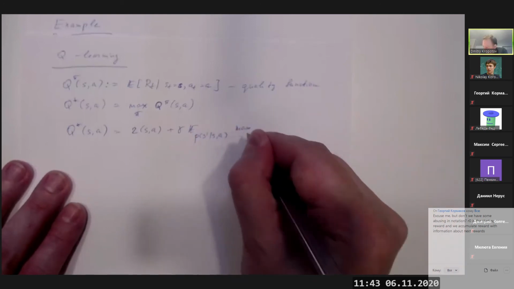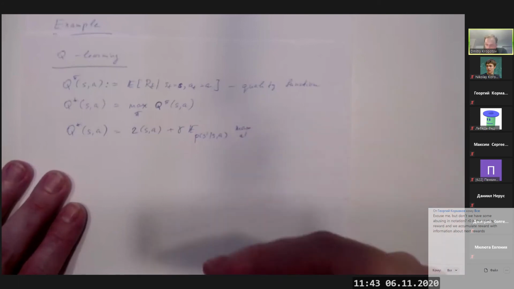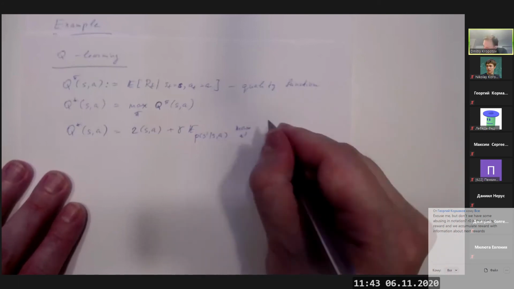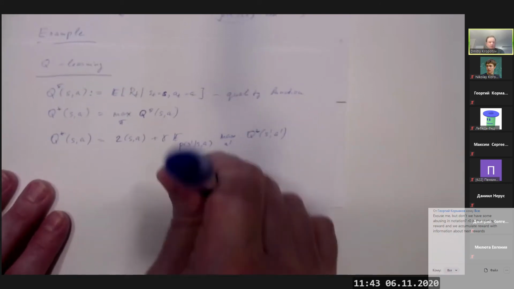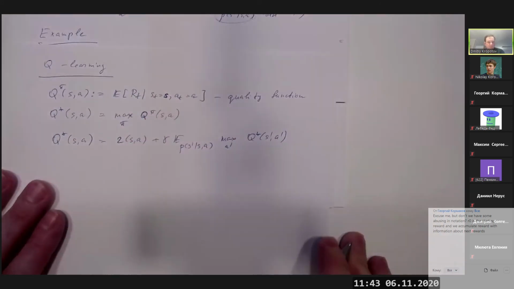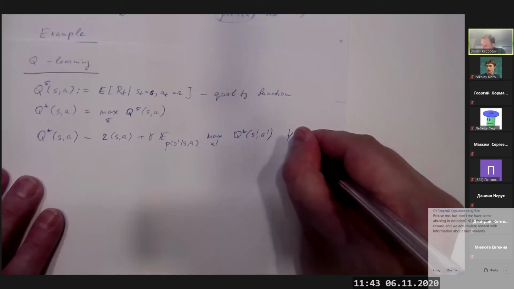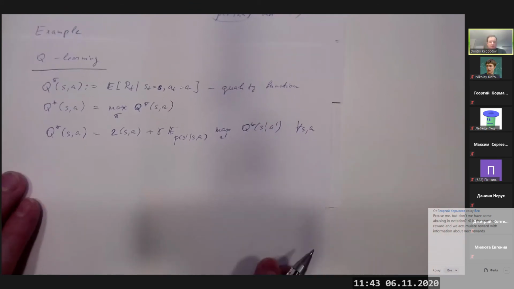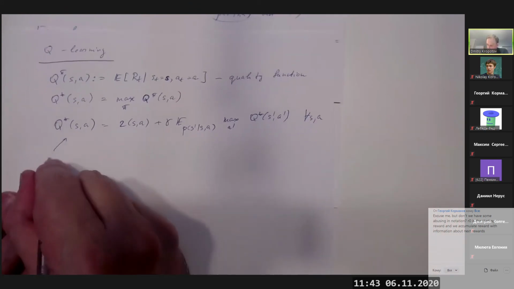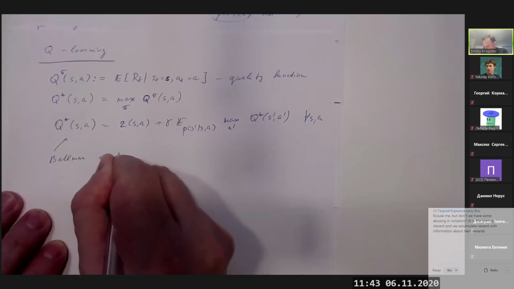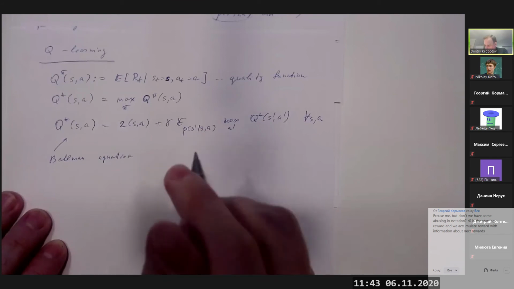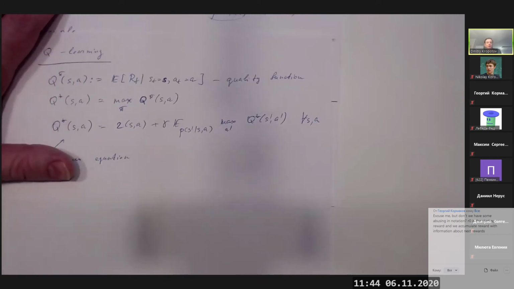And here we have a max over the action at the next time moment of our optimal Q function. This is true for all possible states and actions. So this is the Bellman equation for the optimal Q function.